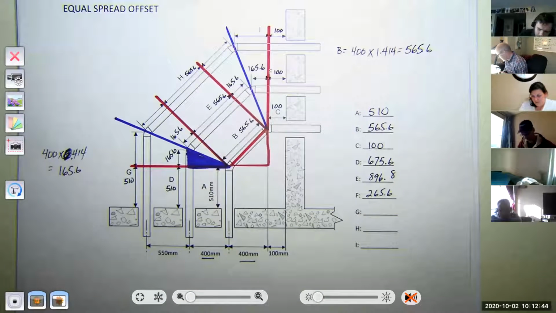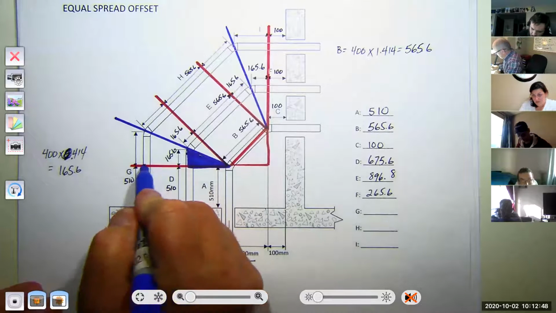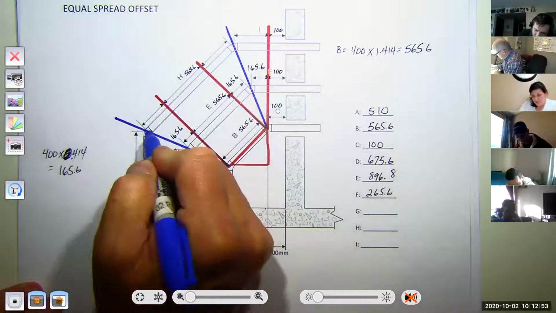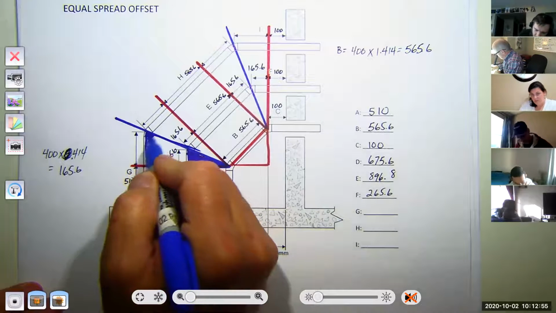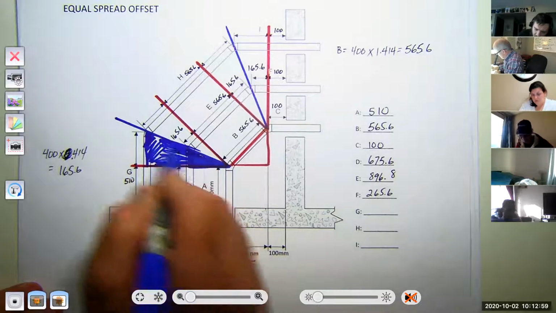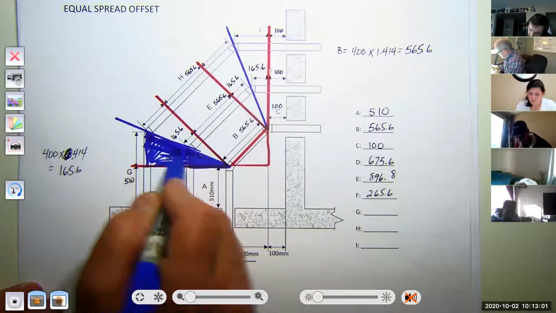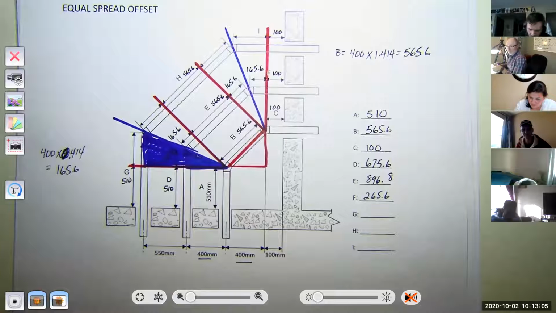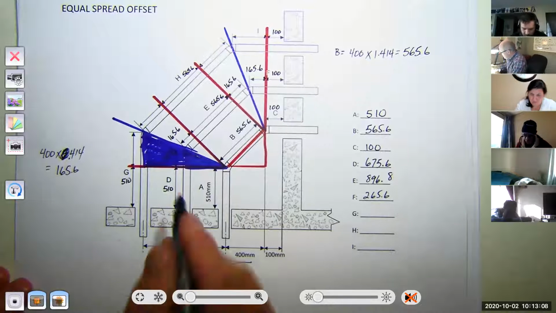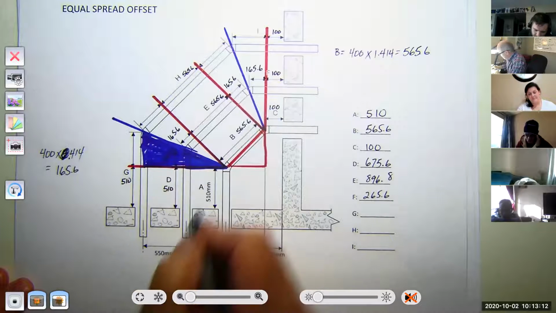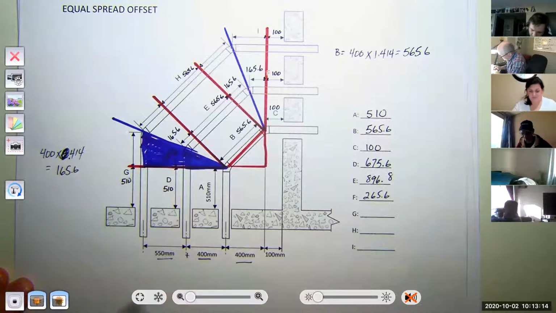The next step is just to get a bigger 22.5 degree right angle triangle. And there's my bigger 22.5 degree right angle triangle. I'll take my run. My run is these two added together.